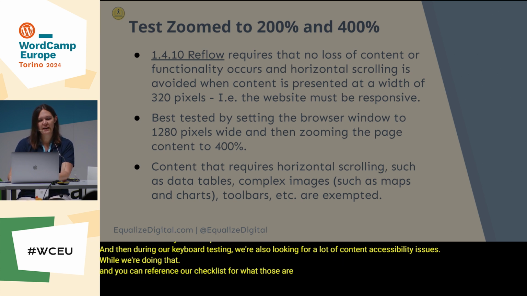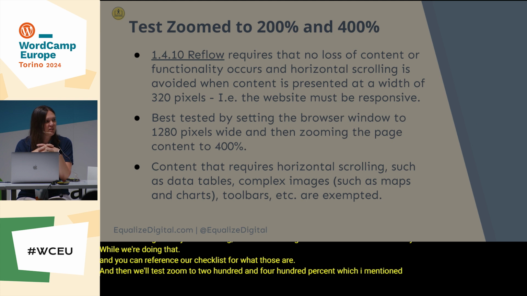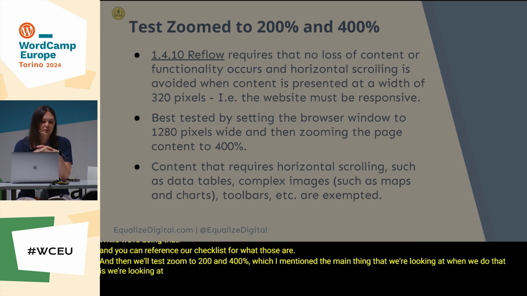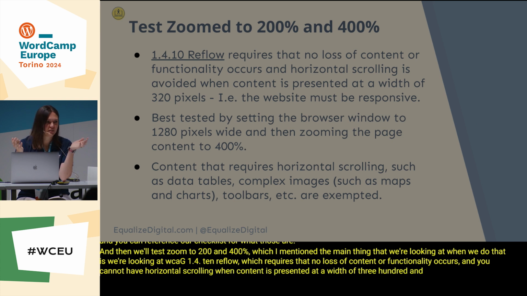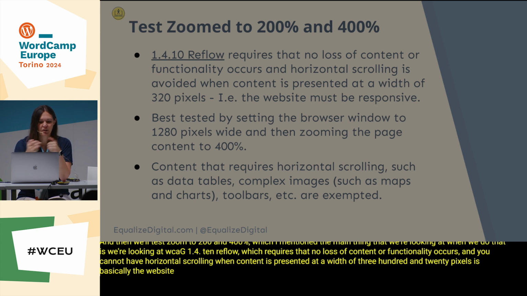And then we'll test Zoom to 200 and 400%, which I mentioned. The main thing that we're looking at when we do that is WCAG 1.4.10 reflow, which requires that no loss of content or functionality occurs, and you cannot have horizontal scrolling when content is presented at a width of 320 pixels. Basically, the website needs to be responsive.